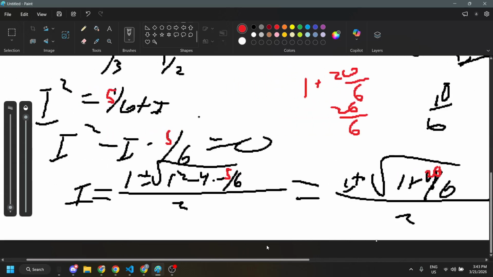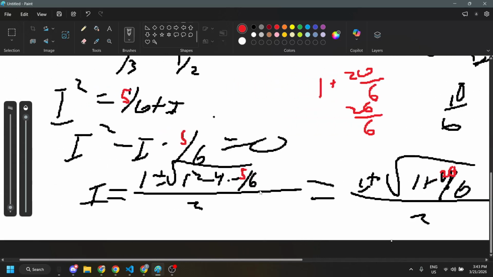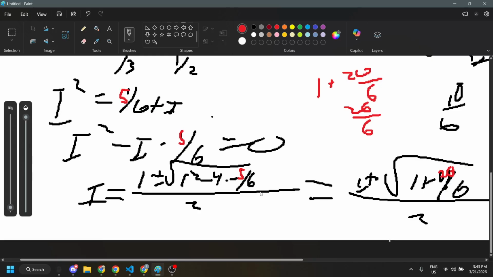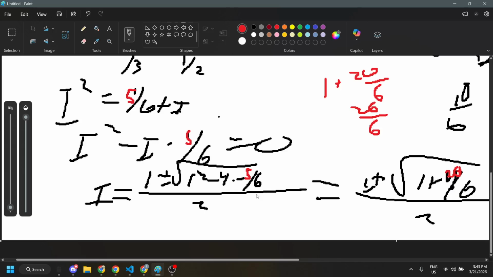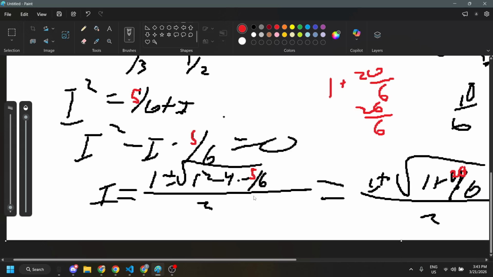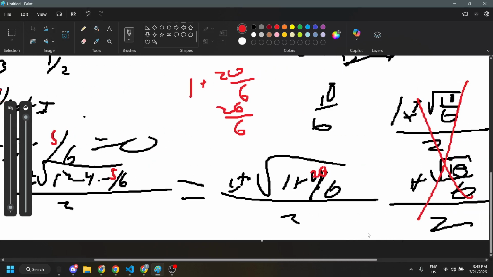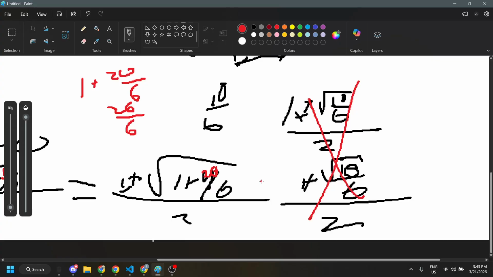The quadratic formula: b squared minus 4 is negative b plus or minus the square root of b squared minus 4 times a times c, all over 2a. Quadratic formula to something I don't know. I feel like I was close.